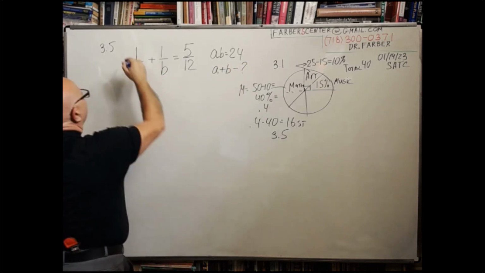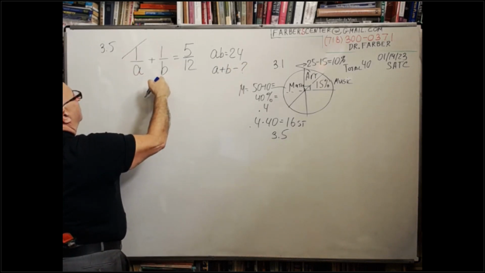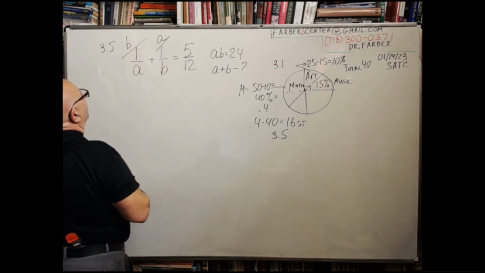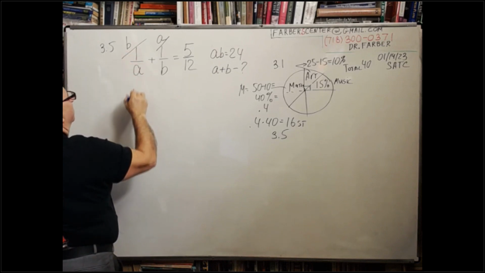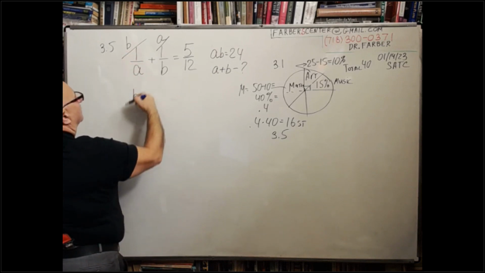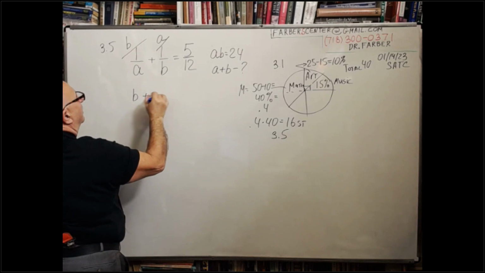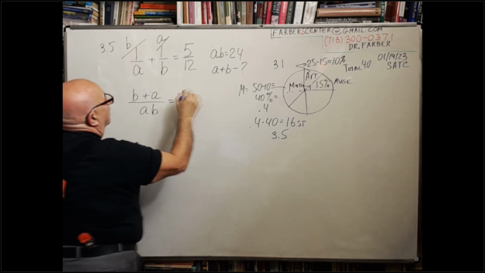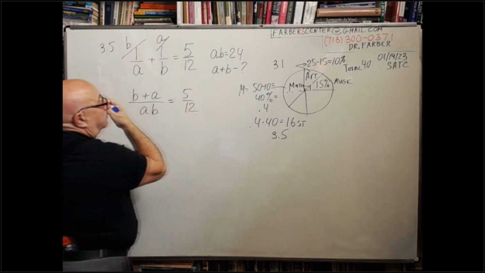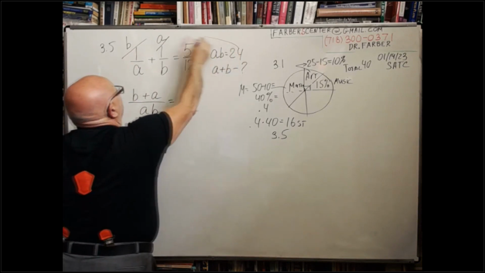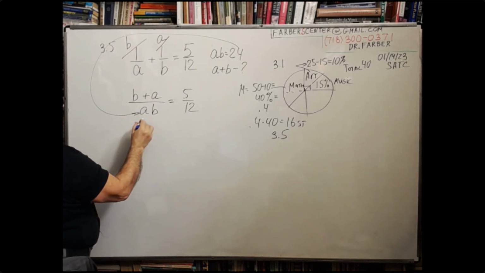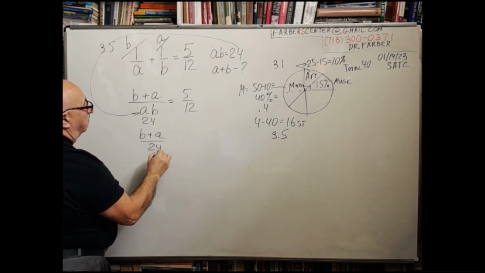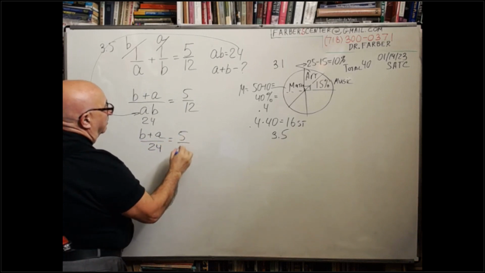Well, LCD AB, I multiply this B by A, and I have B plus A in the denominator over AB equals 5 over 12. Since AB equals 24, again 24, I'll have B plus A over 24 equals 5 over 12.